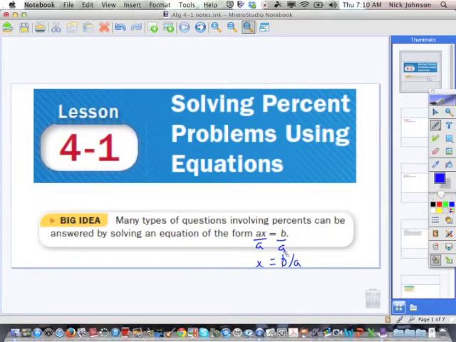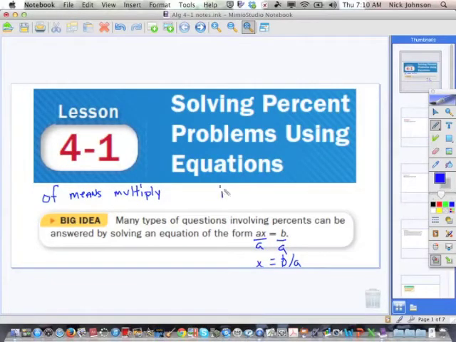Now, a couple of things that I want to note. When you're transferring English to math, when you hear the word "of," it means multiply in math.